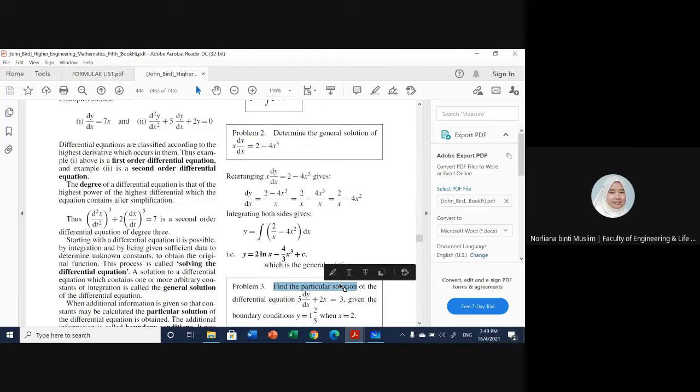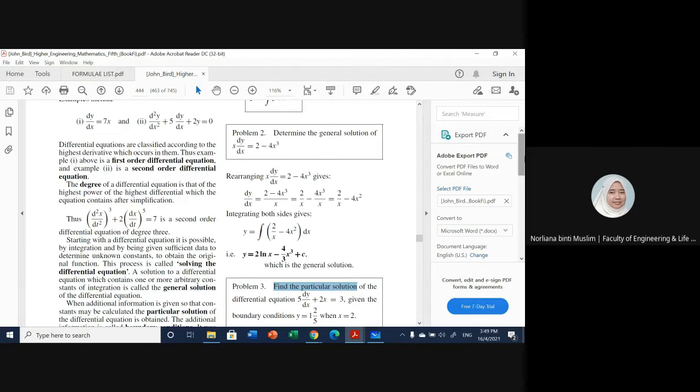Maybe in different questions, they state it as determine the solution of the ODE given an initial value, for example x equal to 4, dy dx equal to 2.